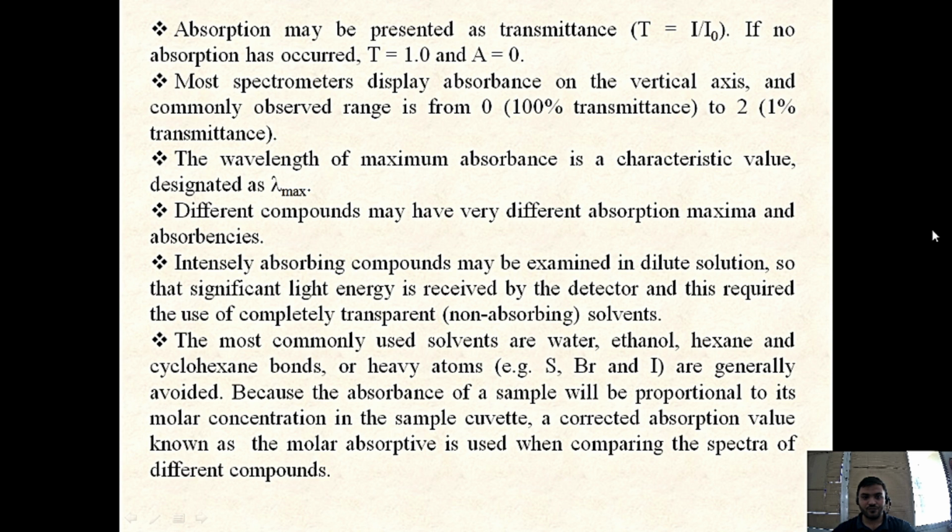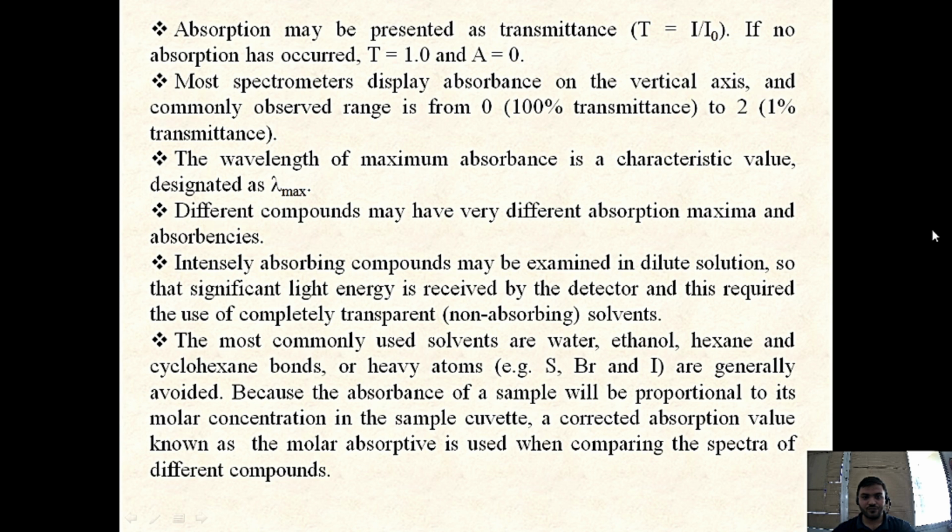Intensely absorbing compounds may be examined in dilute solution so that significant light energy is received by the detector, and these require the use of a completely transparent, that is non-absorbing, solvent. The most commonly used solvents are water, ethanol, hexane and cyclohexane.